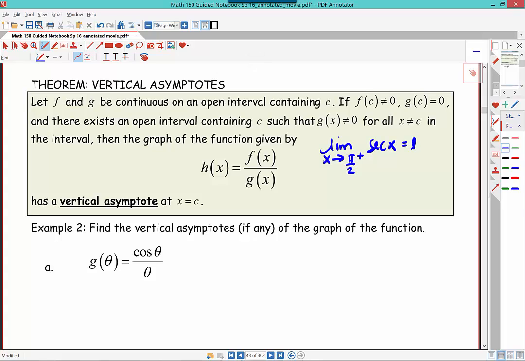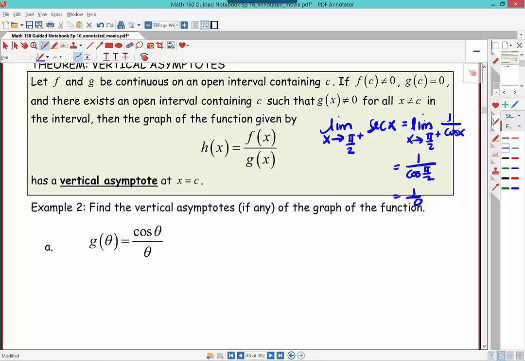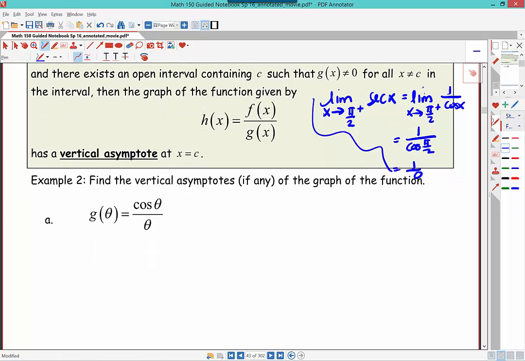We could rewrite this as the limit as x approaches pi over 2 from the right side of 1 over cosine of x using the reciprocal identity. But plugging that in, that would give us 1 over cosine of pi over 2, wouldn't it? Which is 1 over 0. So that would tell us, hey, we're going to have a vertical asymptote at x equals pi over 2. Make sense? All right, so just a little side note there.